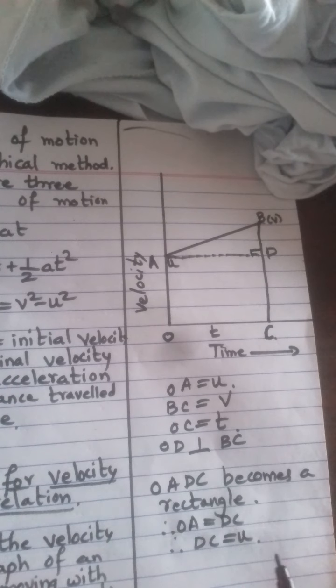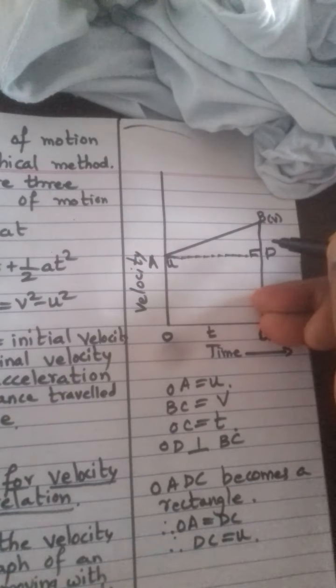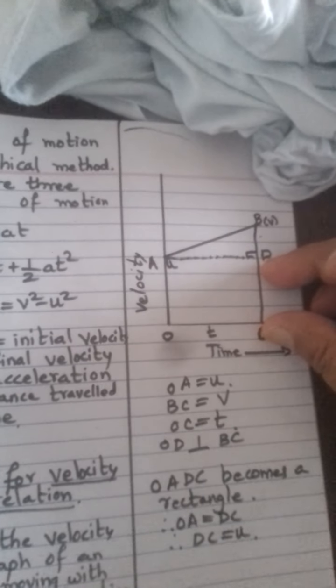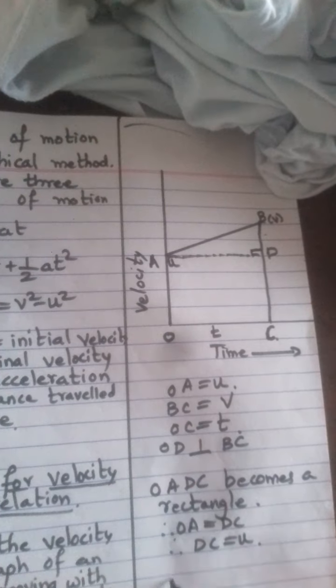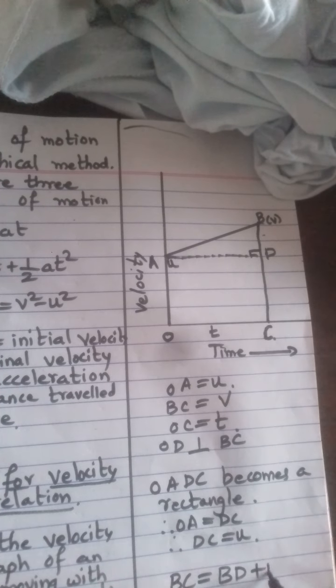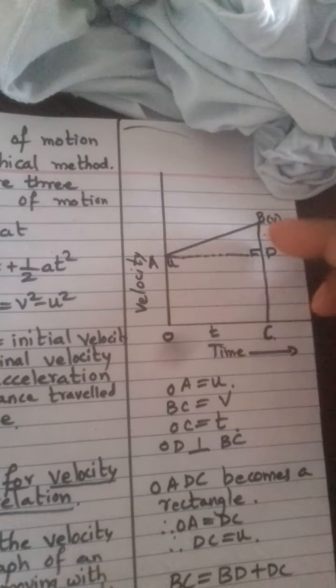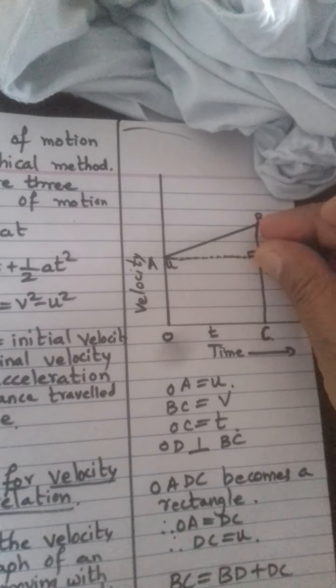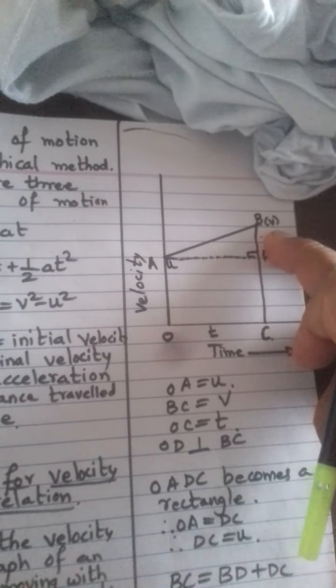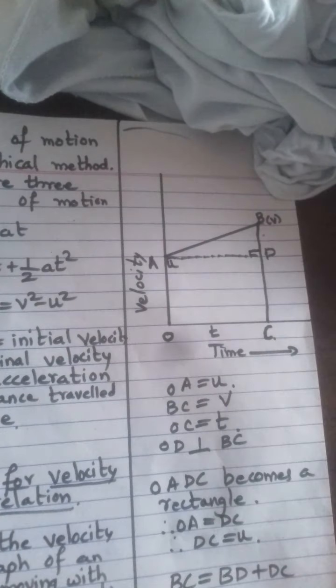Now, how can you write BC? BC you can write as BD plus DC, isn't it? So BC is equal to BD plus DC. Look at the diagram, you will understand. Full BC is equal to BD plus DC. You know BC is v. Full BC is v.